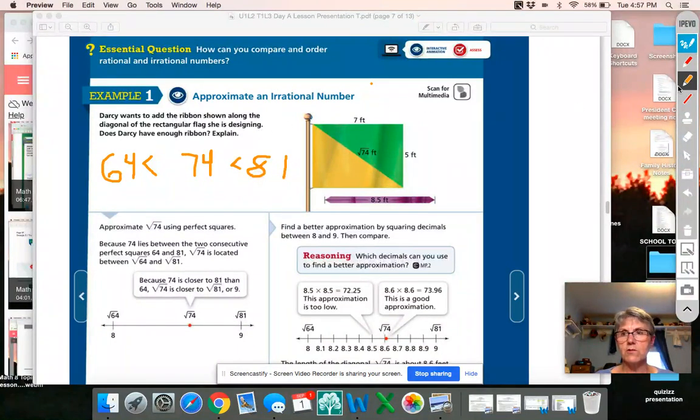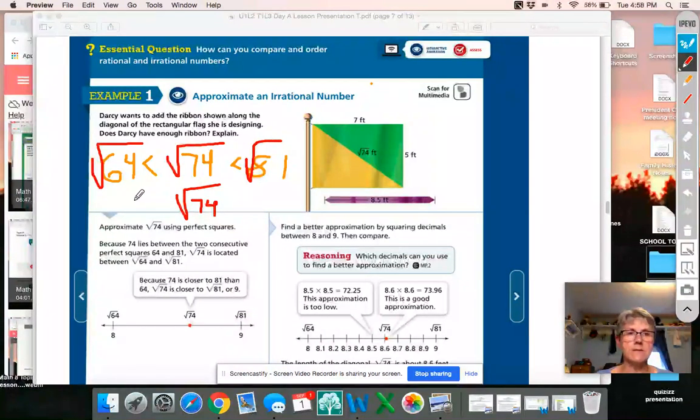And then you square root everything. So the square root of 74 is less than the square root of 81, and it's bigger than the square root of 64, which means that the square root of 74 is in between 8 and 9.